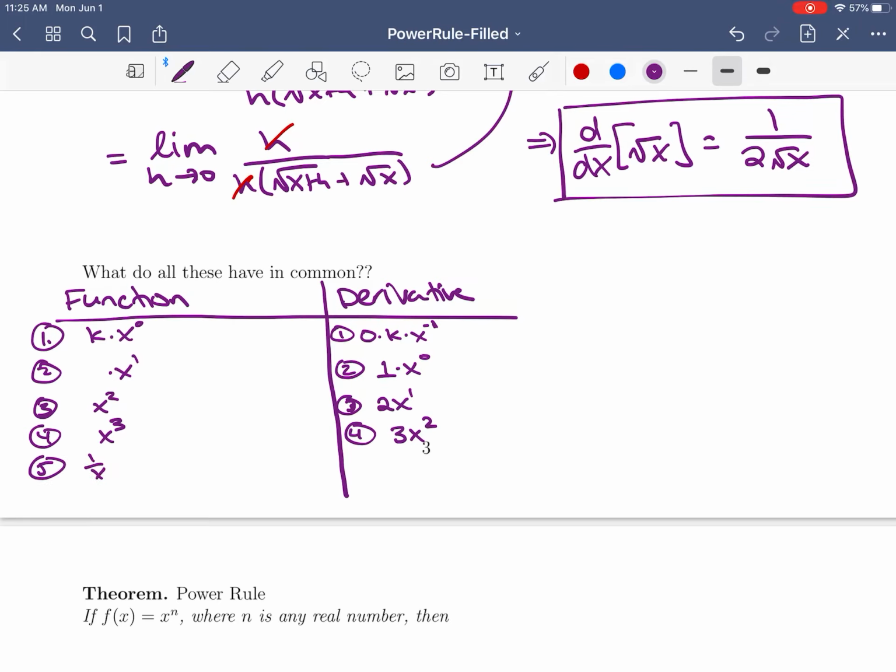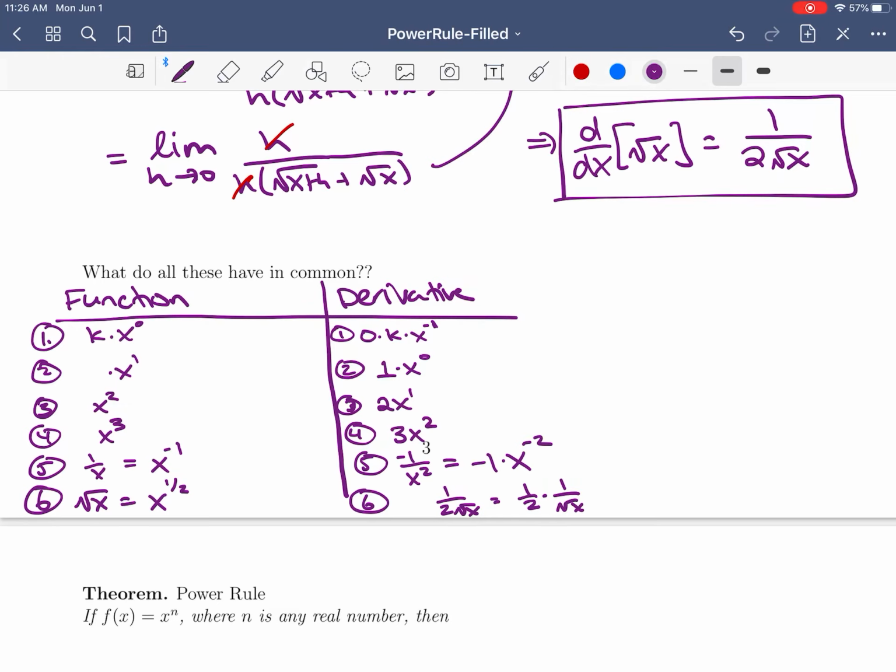Now when we had 1 over x, which you could think about as x to the -1, we got -1 over x squared, which you could think of as -1 x to the -2. And our last one was root x, which is x to the 1/2. And we got 1 over 2 root x, which is the same as 1 over 2 times 1 over root x, which is 1 over 2 times x to the -1/2.